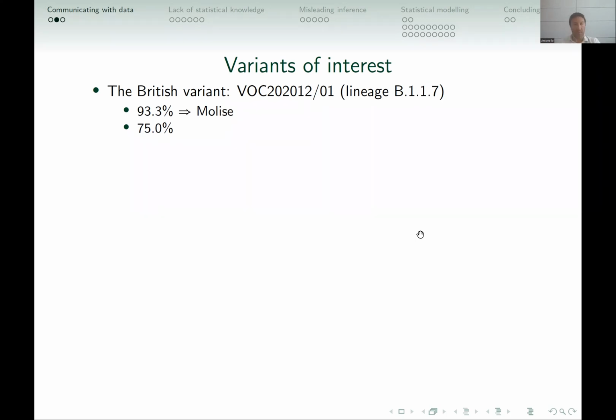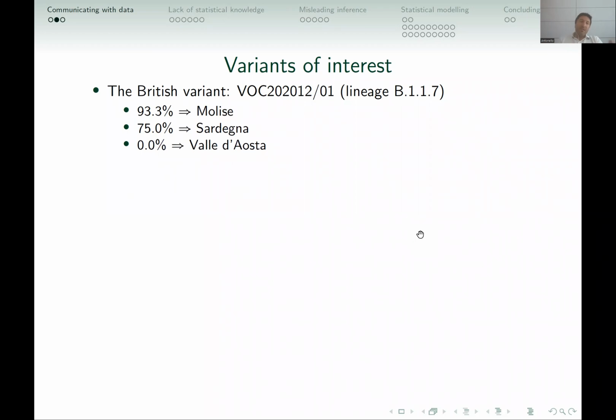So it's a very tiny one. The second one, with 75%, is Sardinia. So again, not one of the largest regions in Italy. And then there is one region not affected at all by the British variant, Valle d'Aosta. Valle d'Aosta is also a tiny one up north.